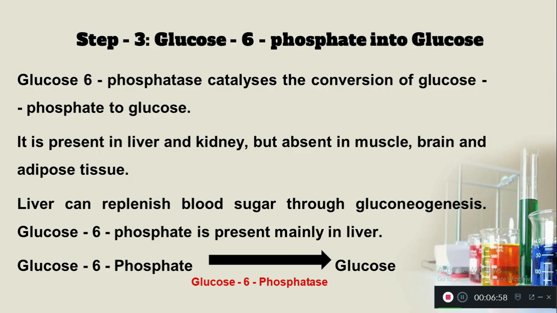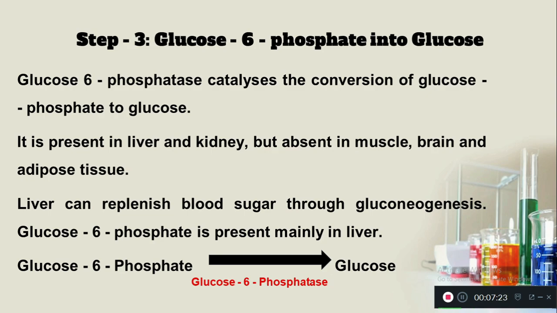So this takes place in the liver and kidney, but this reaction does not take place in the muscle. So in the muscle, there is a different mechanism which will occur for production of glucose, that we will see later. So keep in mind this step occurs only in the liver and kidney.